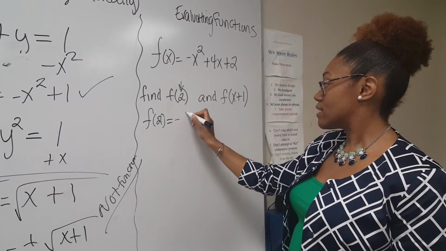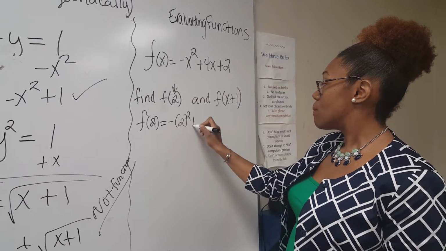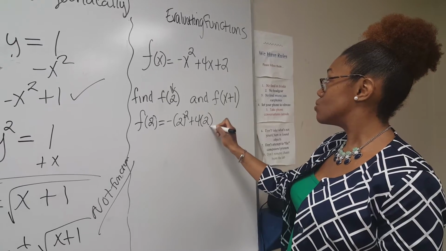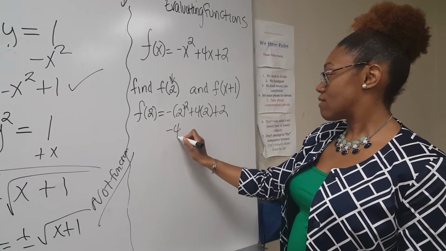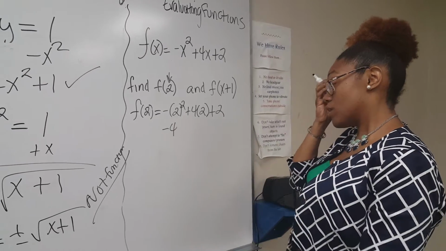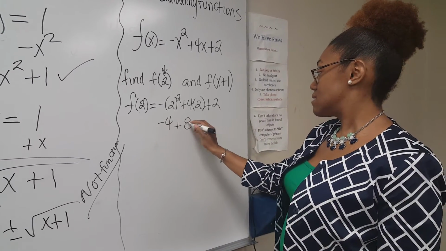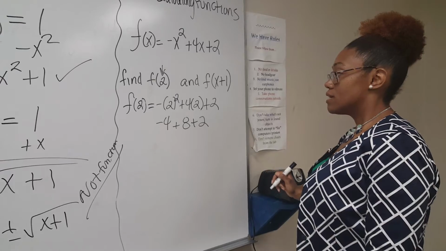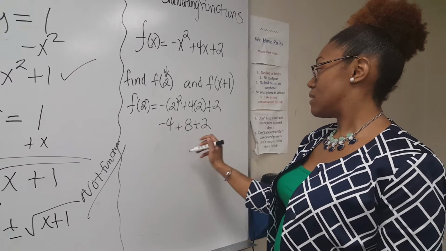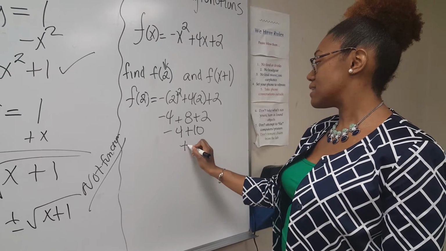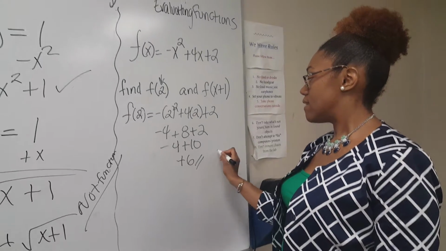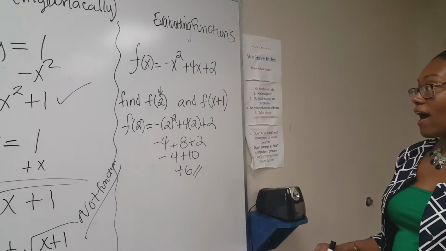So that would be negative 2 squared plus 4 times 2 plus 2. Well, 2 squared would give me 4, but there's a negative out here. So that would be negative 4 plus 8 plus 2. So this will give me negative 4 plus 10, which will give me a positive 6. And then that would be my first one that I'm evaluating.